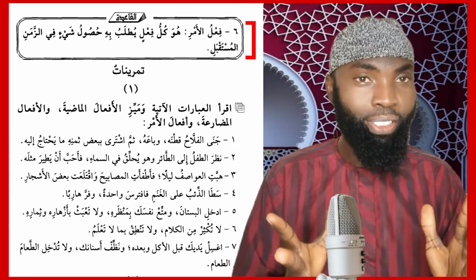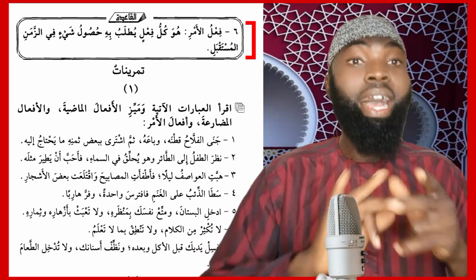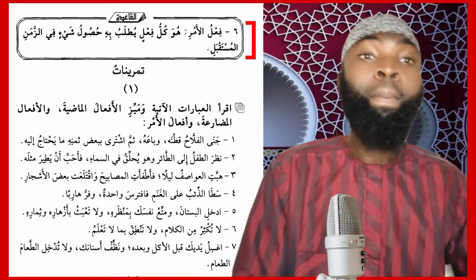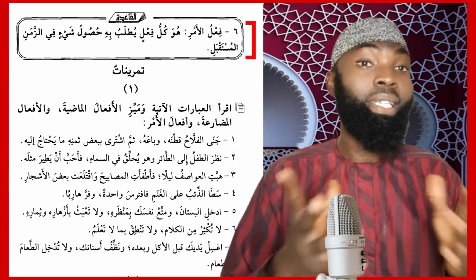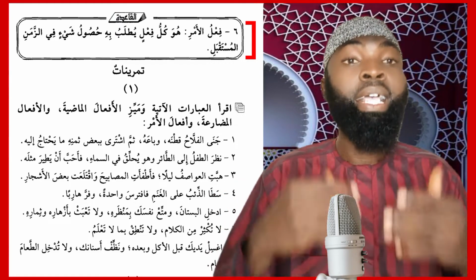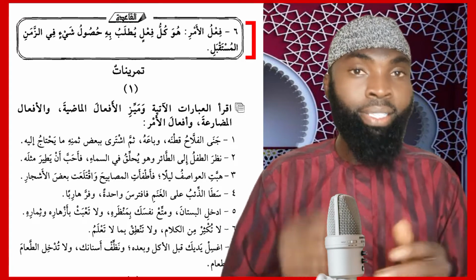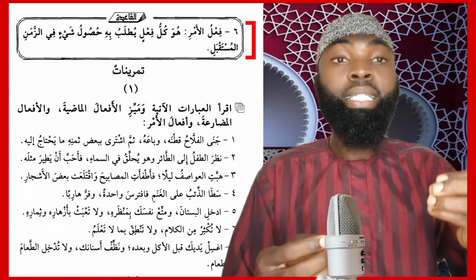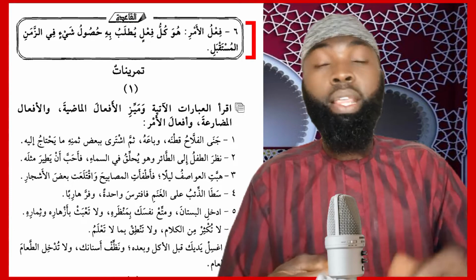Hope we are following. So now we are done with the three basic tenses, and these are fi'lul madi, past tense, fi'lul mudari, present tense, and fi'lul amr, the command tense. To summarize, fi'lul madi is the past tense, any verb used to indicate the occurrence of an action in the past.